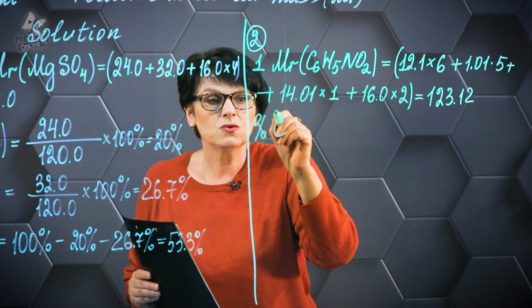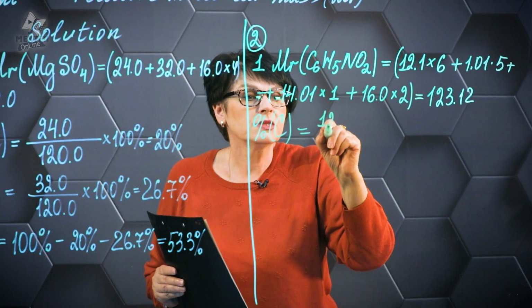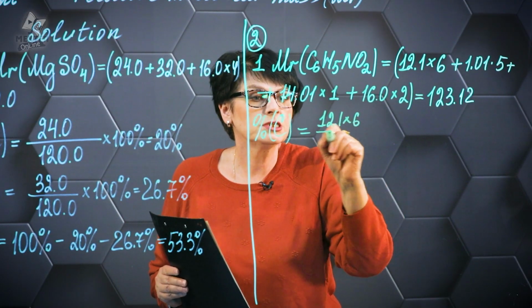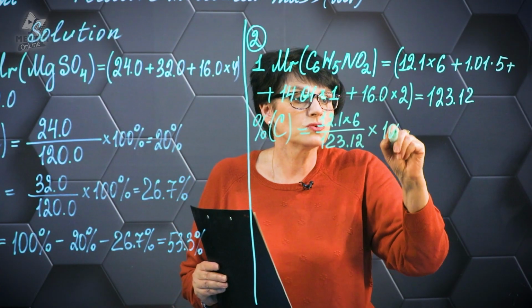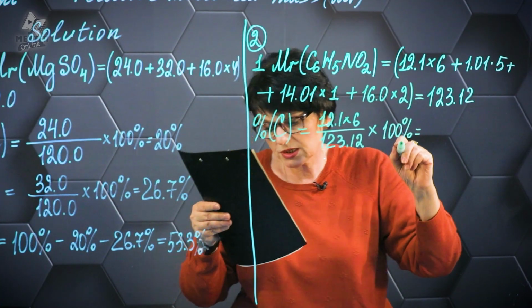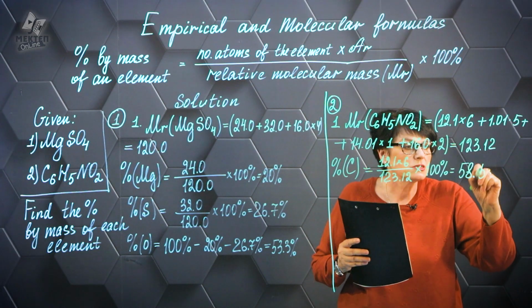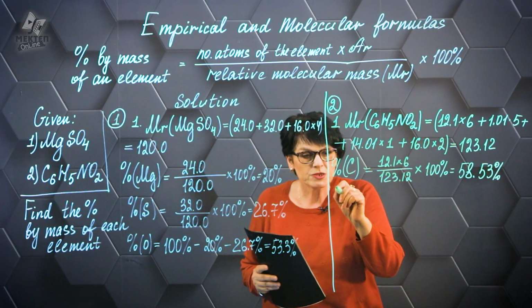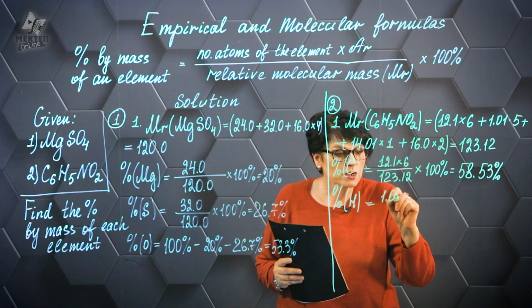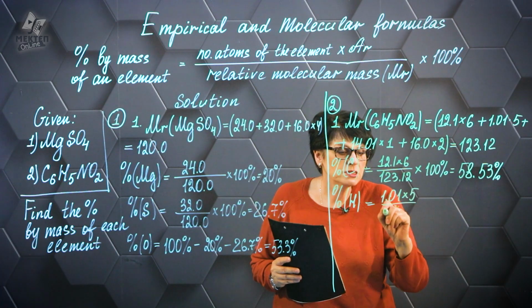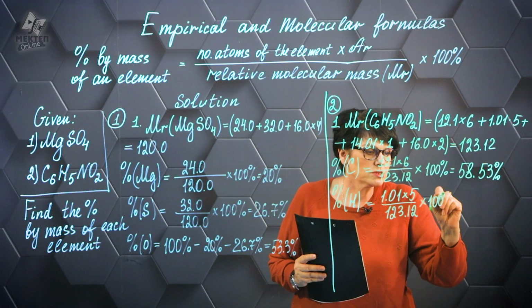Now, let's move on to the percentage composition. We start by calculating the carbon content. So for this, we get 12.01 multiplied by 6, which we will divide by 123.12 and multiply by 100%. So this number will be 58.53%. Thus, we switch to hydrogen. For this, 1.01 multiplied by 5, we divide by 123.12, multiplied by 100%.